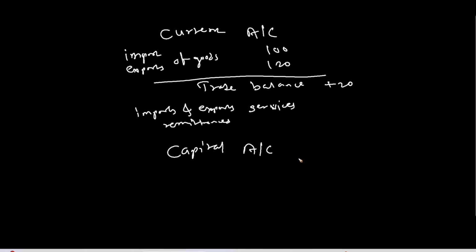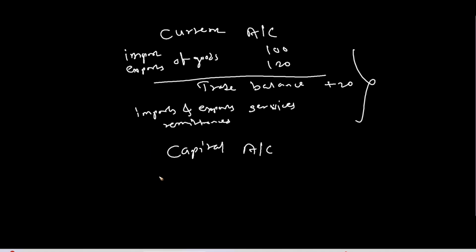See, there are certain transactions like our current account transactions, imports of goods and services, remittances, foreign aid, foreign income, means income on foreign investment. If that transaction is done, it has no implications for the future. Means there is no future flow of money caused by those transactions.